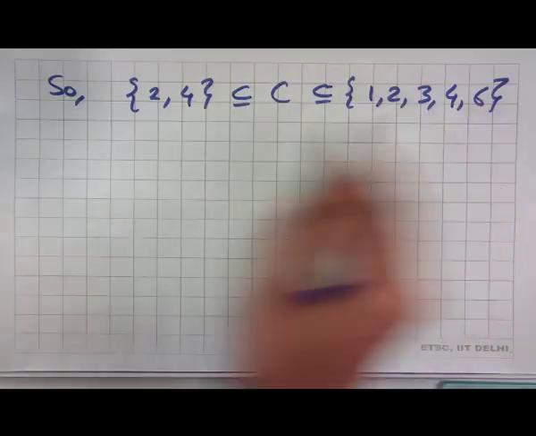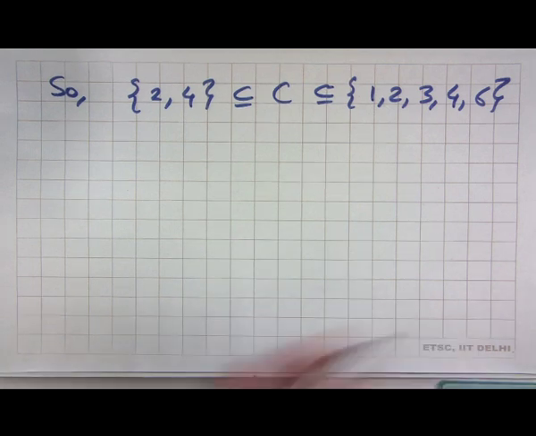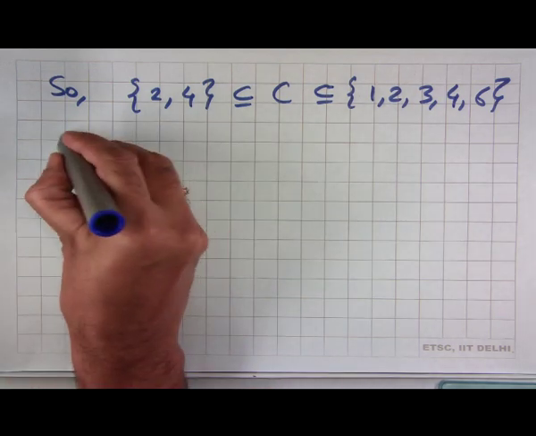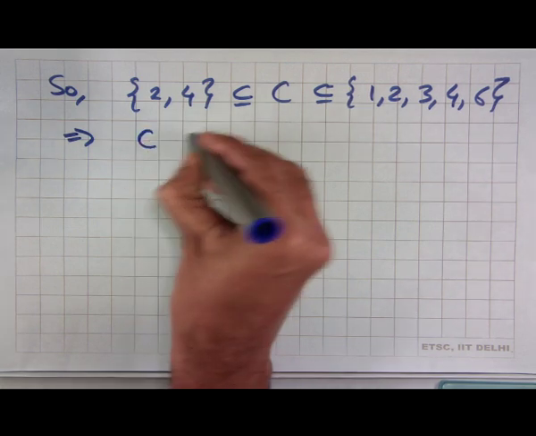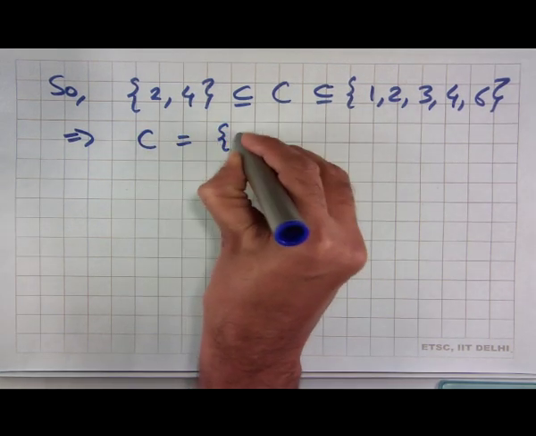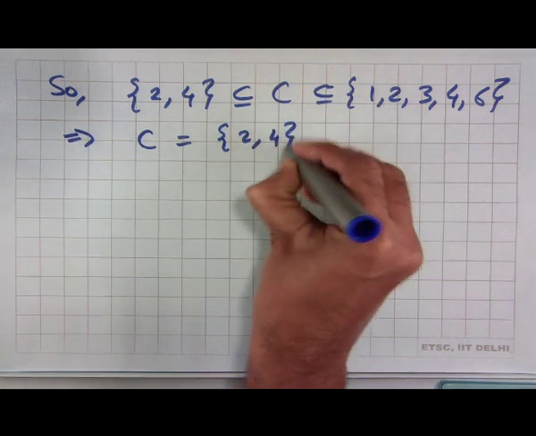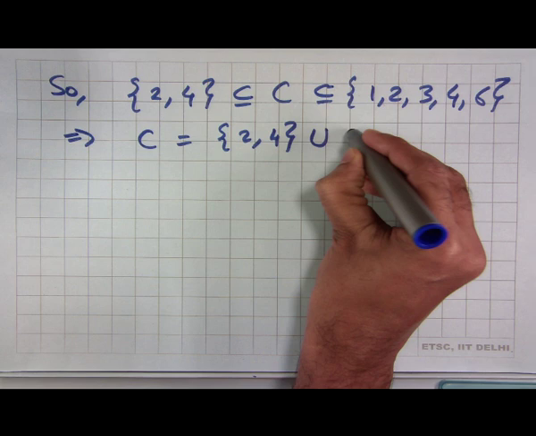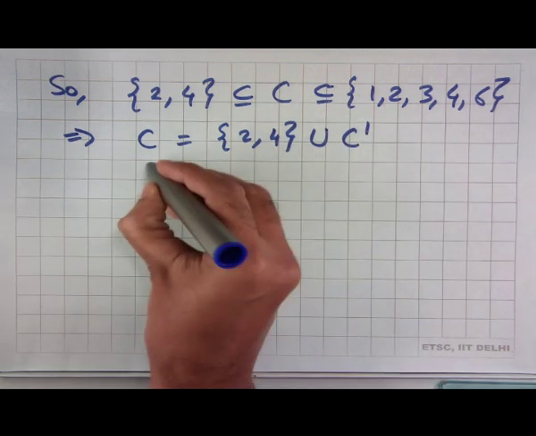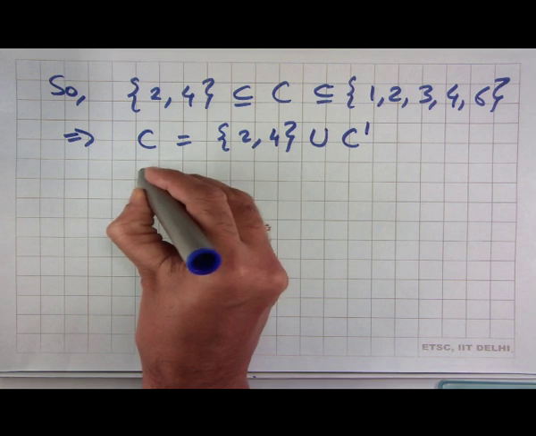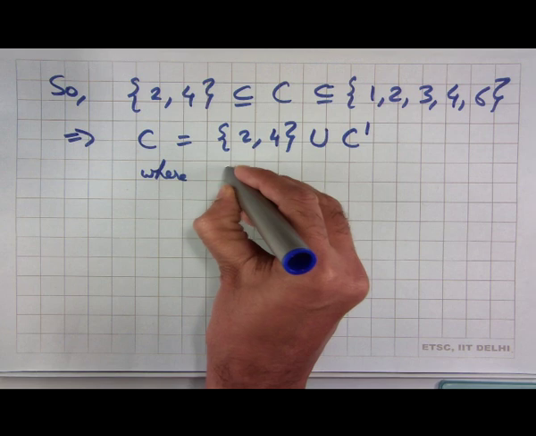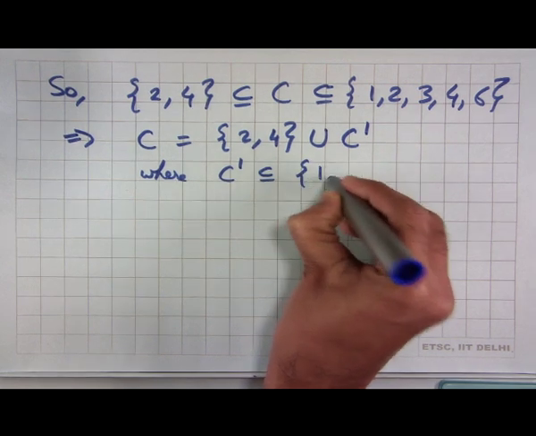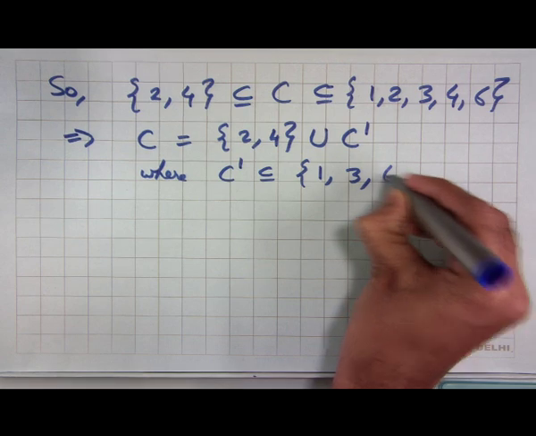But if these sets have many elements, then that will be difficult. So, what we can do is, this implies C is equal to the set {2, 4} union with another set, let me call it C prime, where C prime is a subset of {1, 3, 6}.